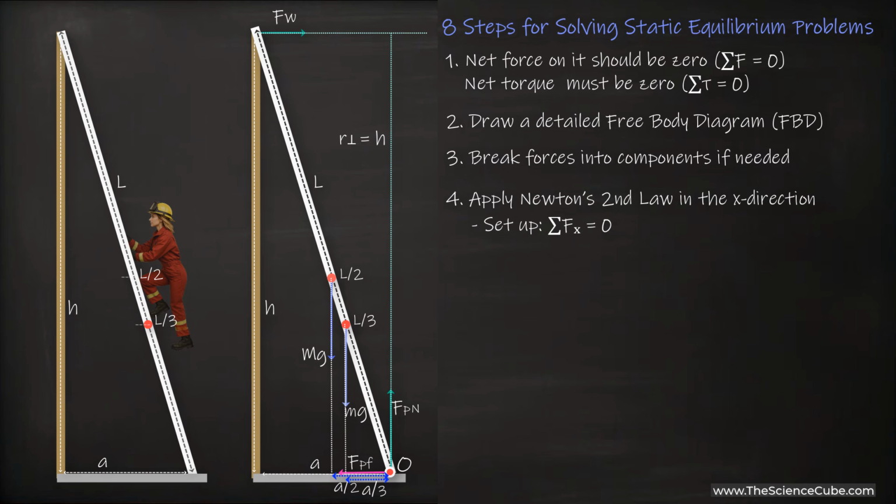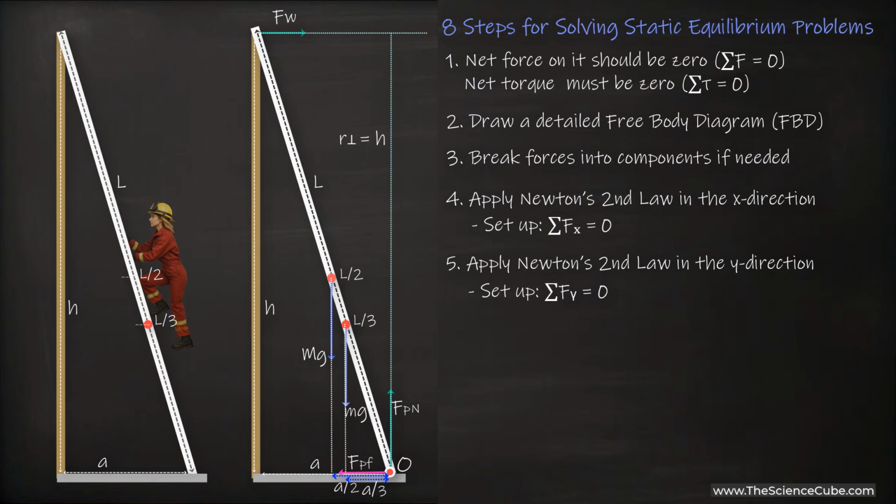Step 4 would be to apply Newton's second law in the x direction. So set up sigma Fx is equal to 0, and then use this to solve for unknown horizontal forces like friction, tension, etc. Step 5 would be to apply Newton's second law in the y direction.